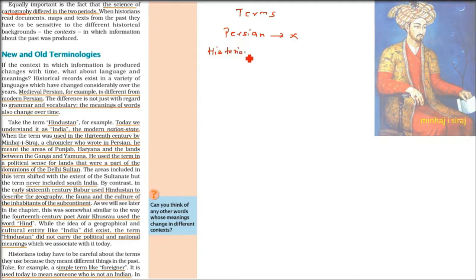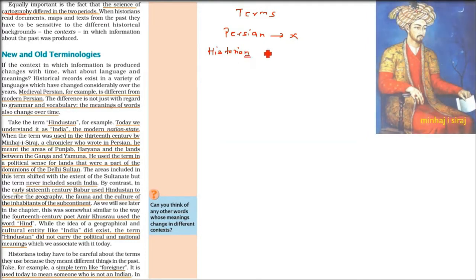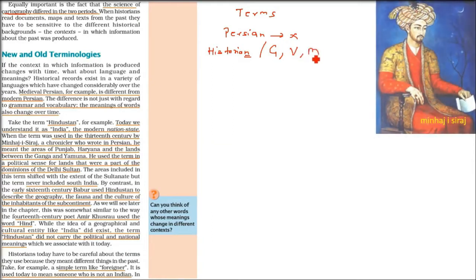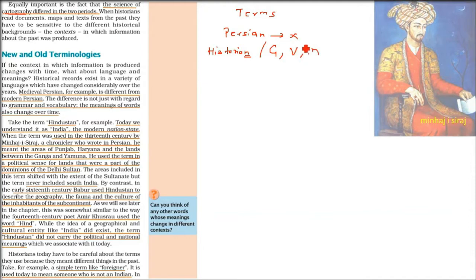So what do historians do? They need to know what happened earlier and what is now. What was the grammar at that time? What was the vocabulary, that means how many words were there in that language, the meanings of words, and the pronunciation of words, because words changed from time to time.